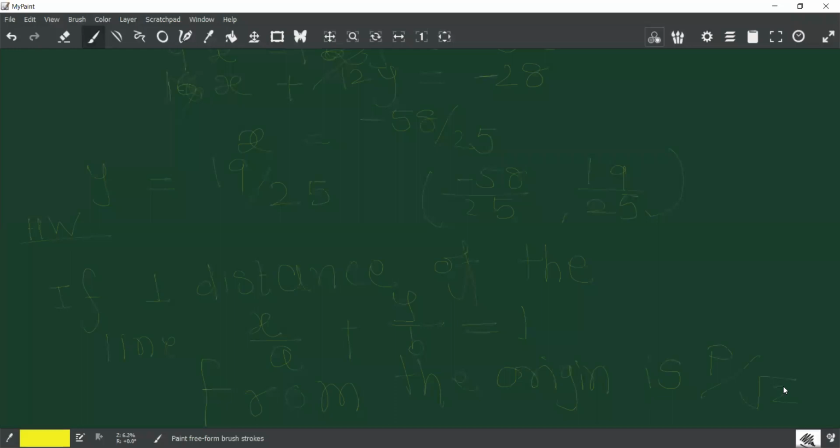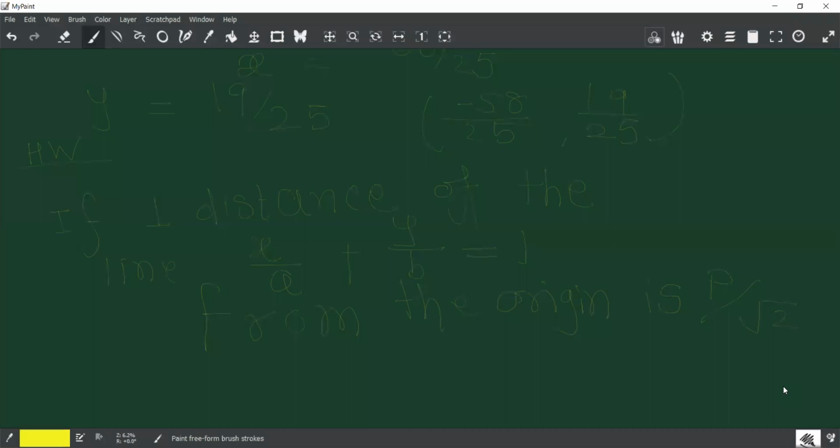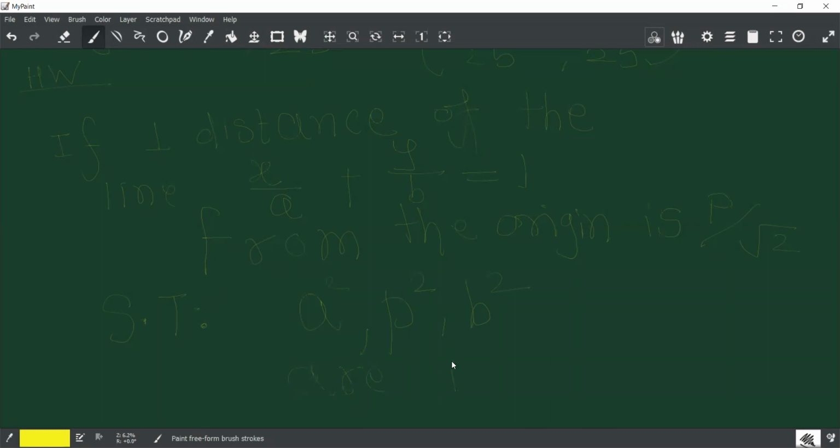If perpendicular distance of the line x upon a plus y upon b is equal to 1 from the origin is p upon root 2 units. Show that a square, p square, b square are in HP, harmonic progression.